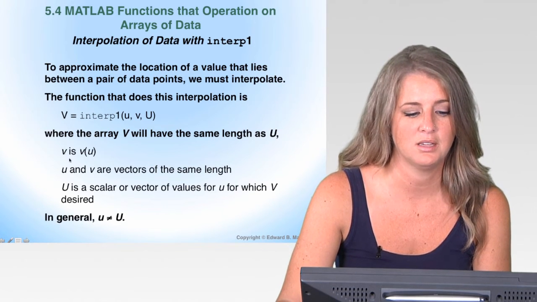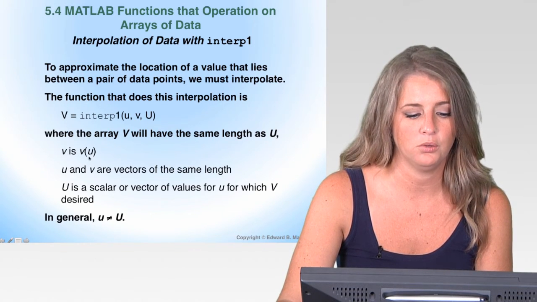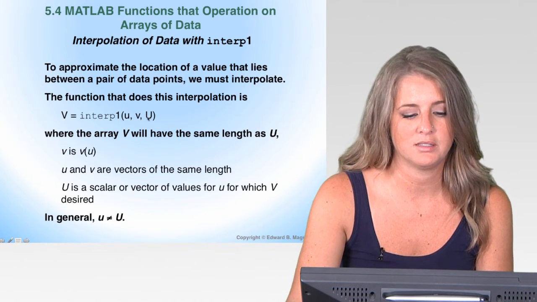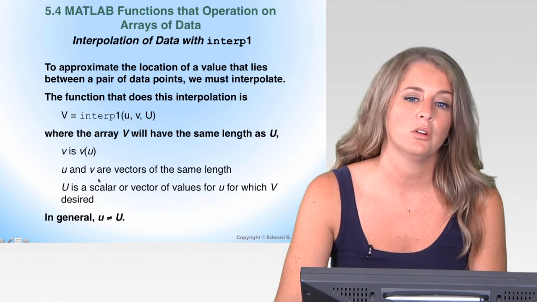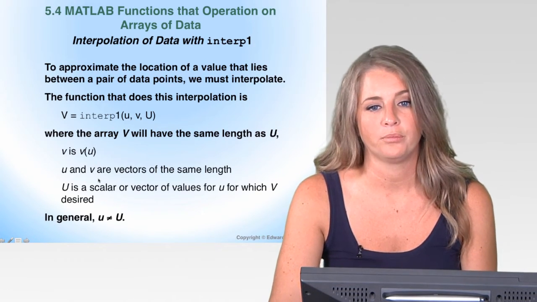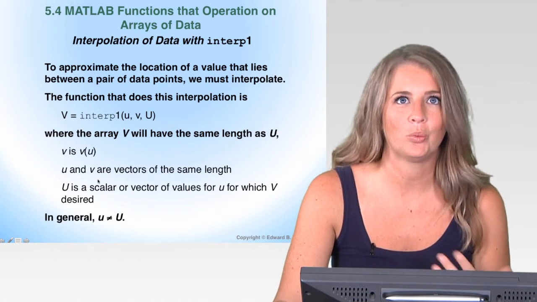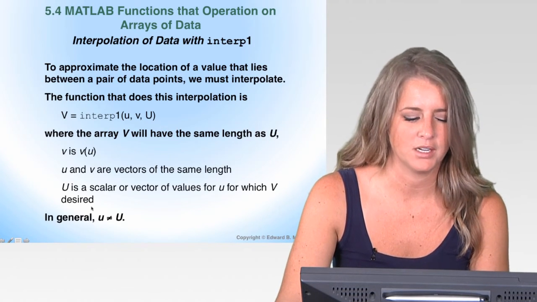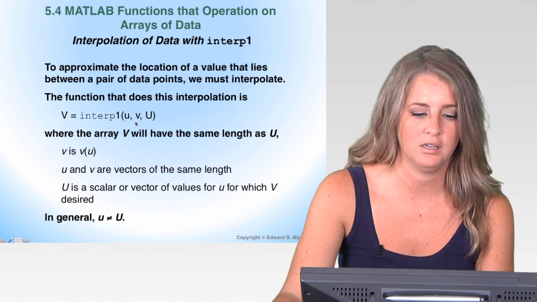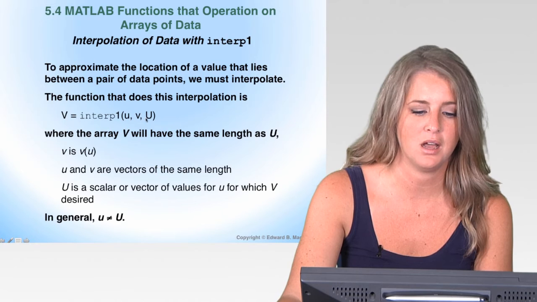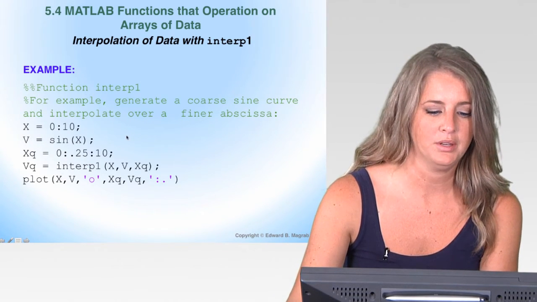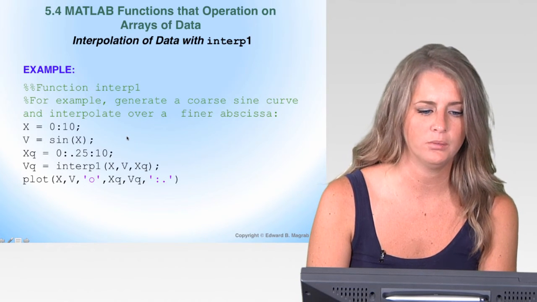So in this case, v is v of u. u and v are vectors of the same length, and then the uppercase U, this last input argument here, is a scalar or vector of values for which v is desired. In general, again, the lowercase u, the first input argument, is not equal to this last input argument. Here's another example that I'm going to demonstrate for you guys in the next video.